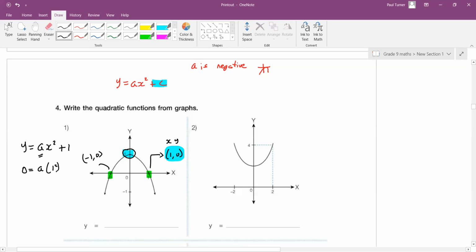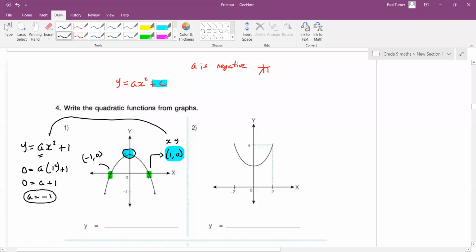So 1 squared plus 1. Okay, so now I can find a. So 0 is 1 squared is 1. 1 times a is a plus 1. So a must be -1. And that's what we suspected. It's upside down. It may not have been -1. It could have been -2 or some other number that's negative. So a is -1.